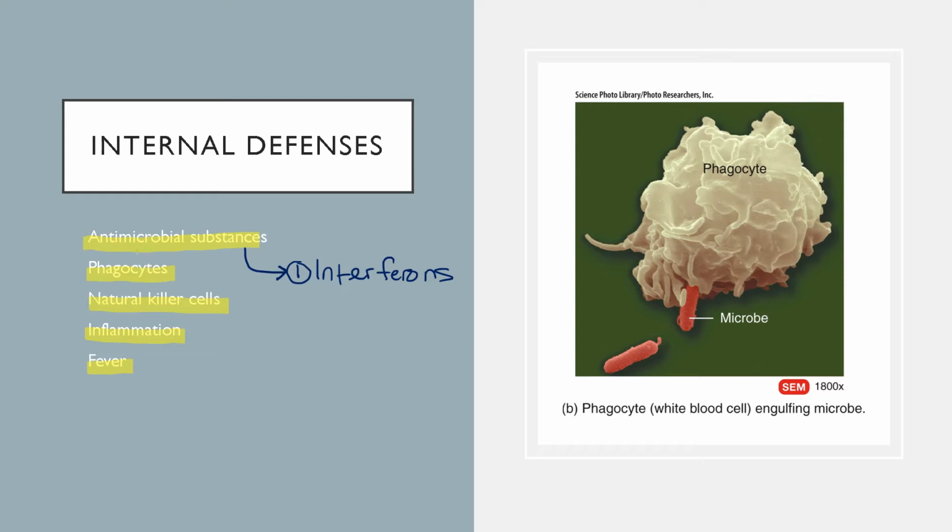Lymphocytes, macrophages, and fibroblasts that are infected with viruses produce these proteins called interferons, often abbreviated IFNs. These are proteins made by the infected cells that interfere with viral replication.